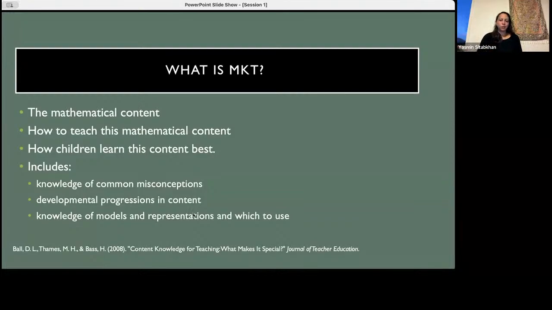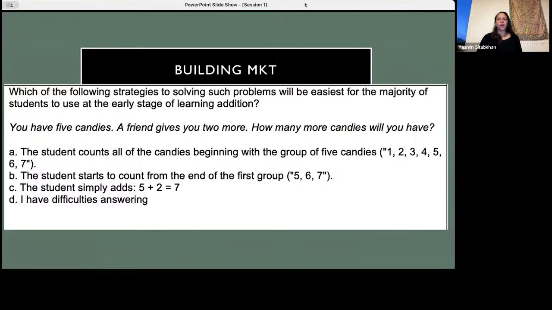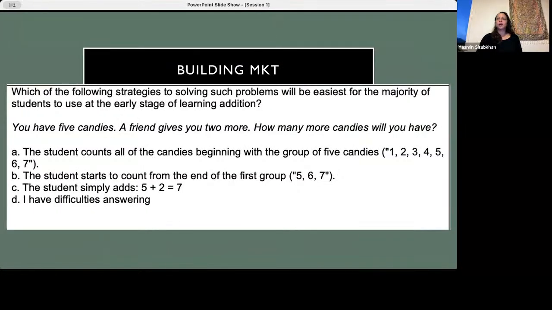So in that spirit, I thought we would try this one. So please read the problem. Don't put your answer yet. Let everyone think for about a couple minutes and then we'll share. So please don't share your answer yet. And when I say early stage, it just means initial stage, whatever you think of as students just beginning to learn addition.